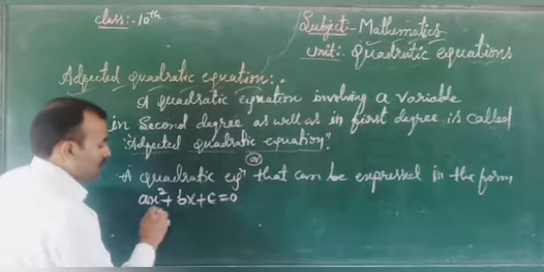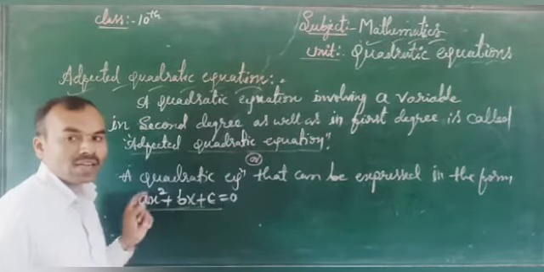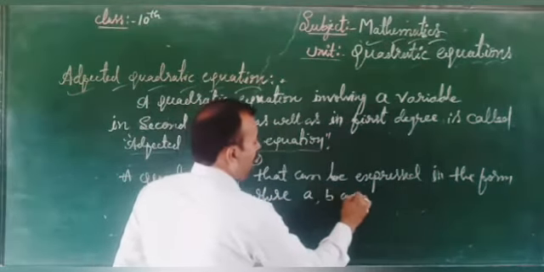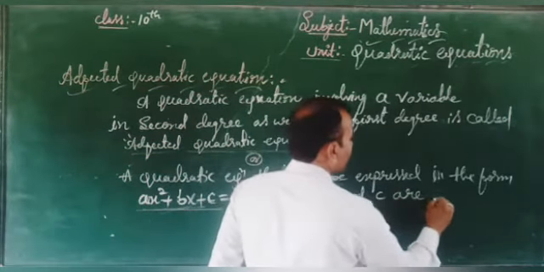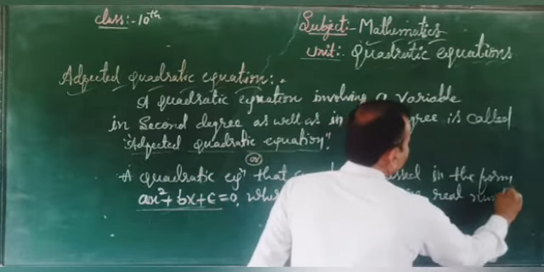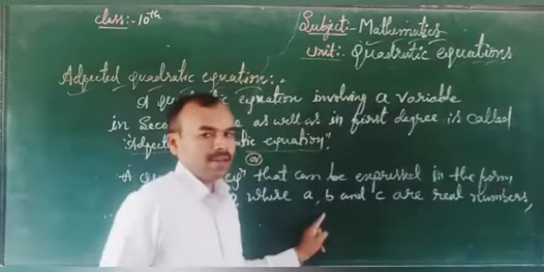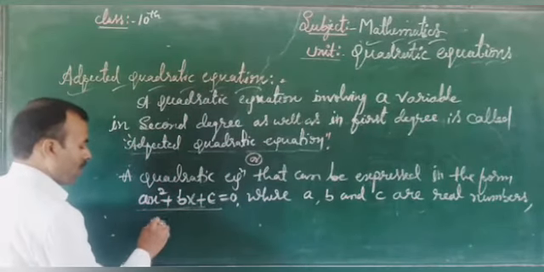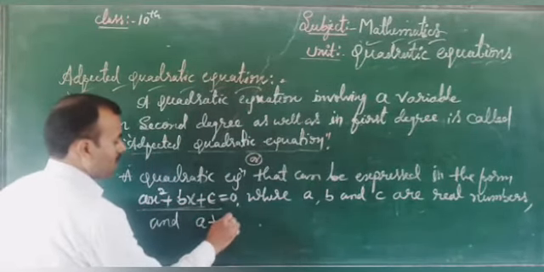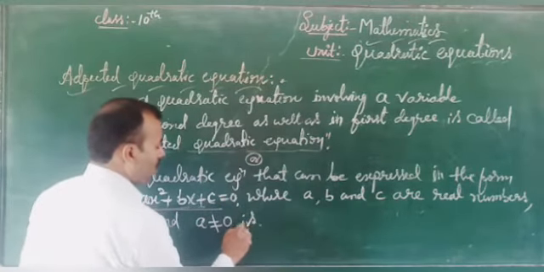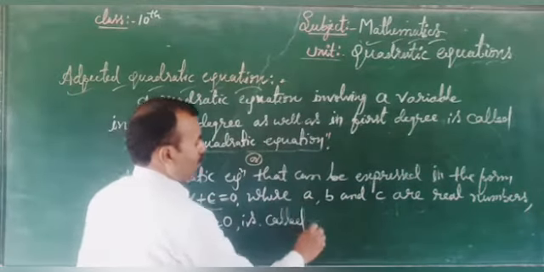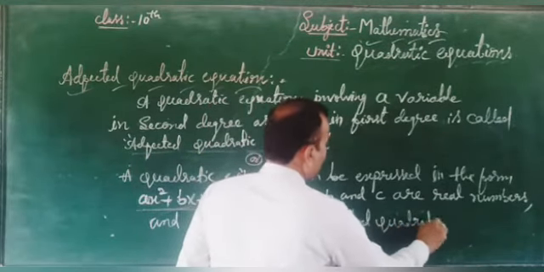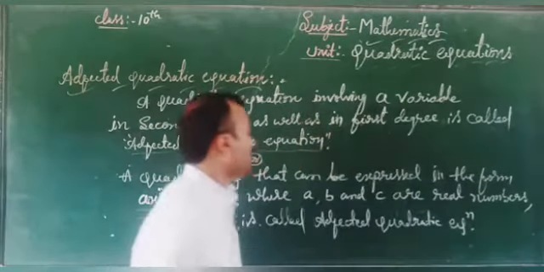This is the general form of a quadratic equation where a, b and c are real numbers, and this is the important thing here, a is not equal to 0, is called an affected quadratic equation.